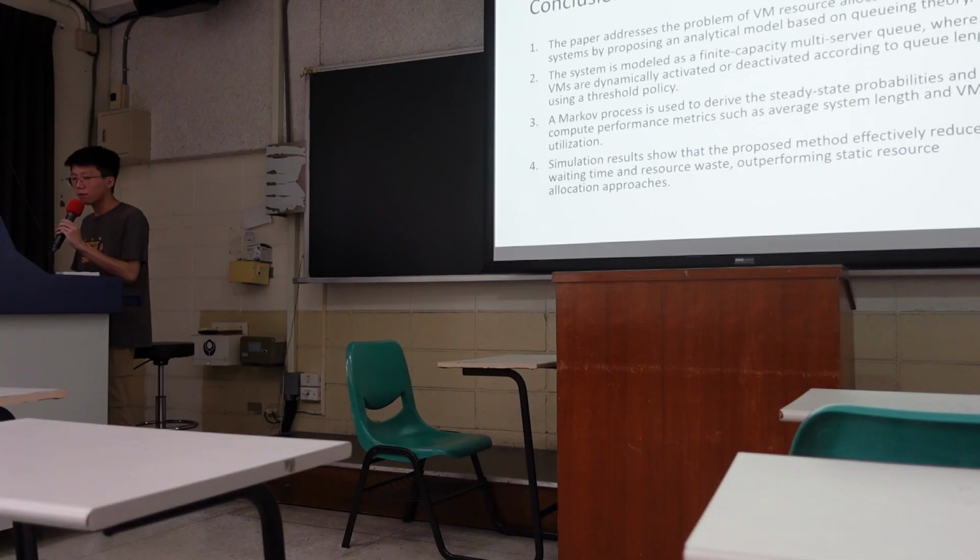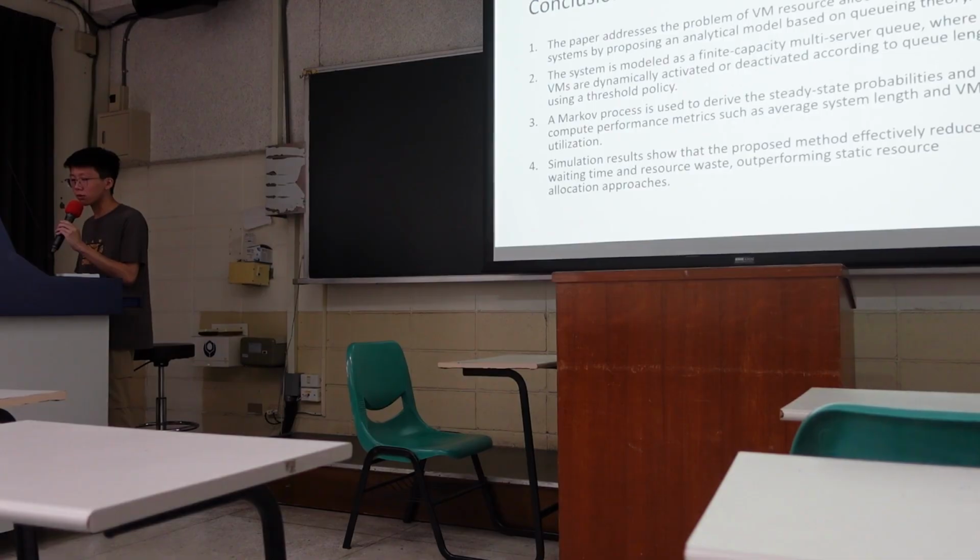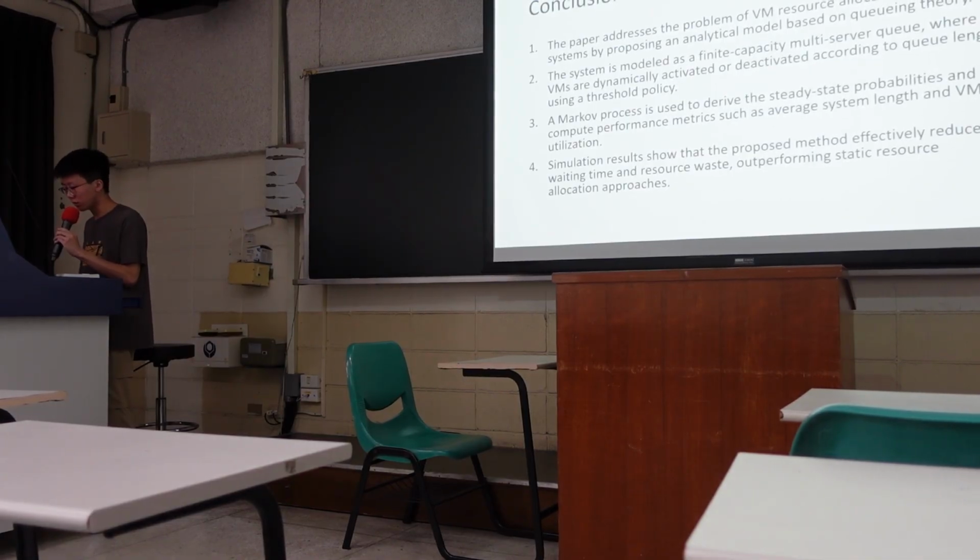A Markov process is used to derive the steady-state probabilities and compute performance metrics such as average system depth and VM utilization. Finally, simulation results show that the proposed method effectively reduces waiting time and resource waste, outperforming static resource allocation approaches.